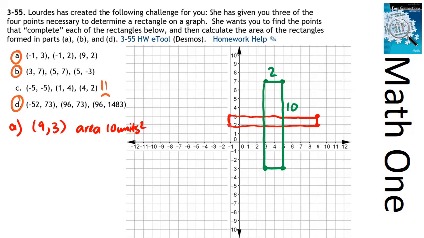So for part B, the missing point is 3, -3, so over 3 and then down 3, and the area would be 20 units squared.